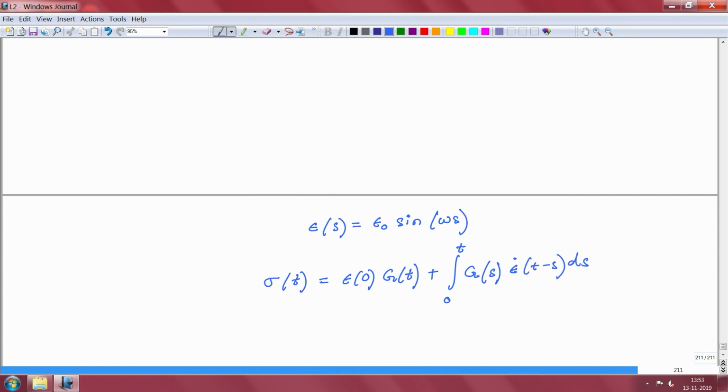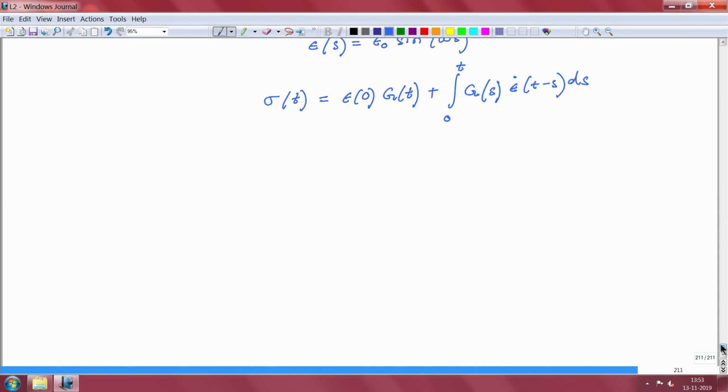We have done this before, and where this finally led to was the equation where we assumed that g of t can be written up as two parts, one is a time dependent function and another is a constant.